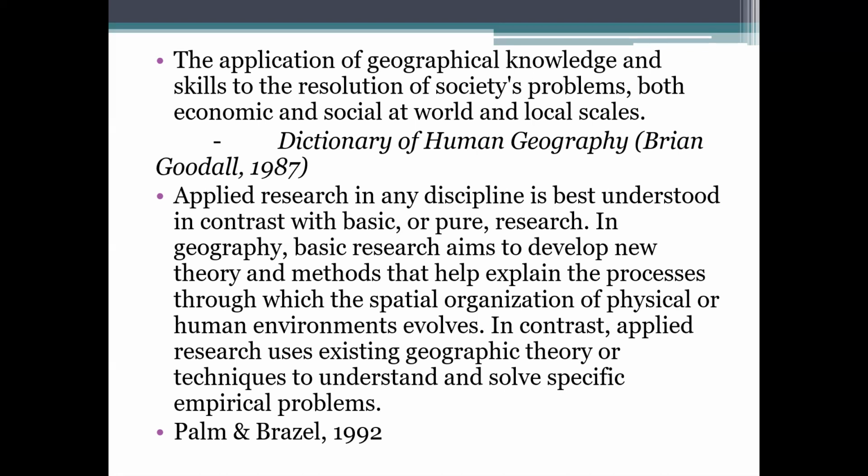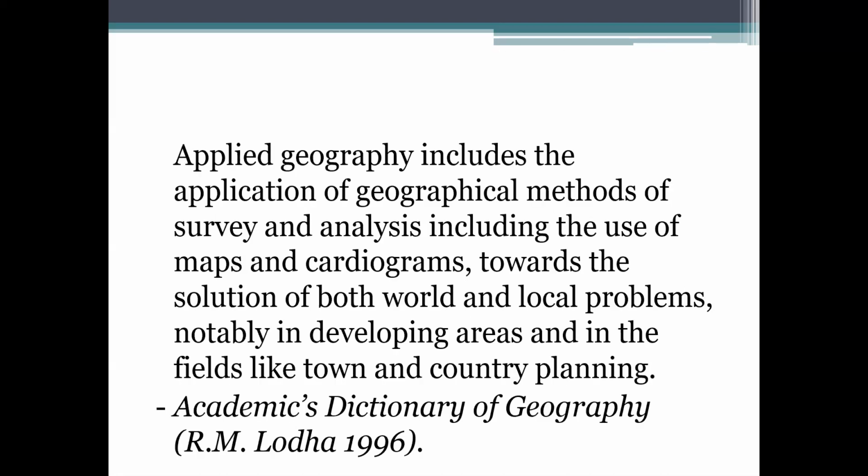That is the explanation of Palm and Russell, 1992. The Academic Dictionary of Geography explains that applied geography includes the application of geographical methods of survey and analysis, including the use of maps and cartograms, towards the solution of both world and local problems, notably in developing areas and in fields like town and country planning.